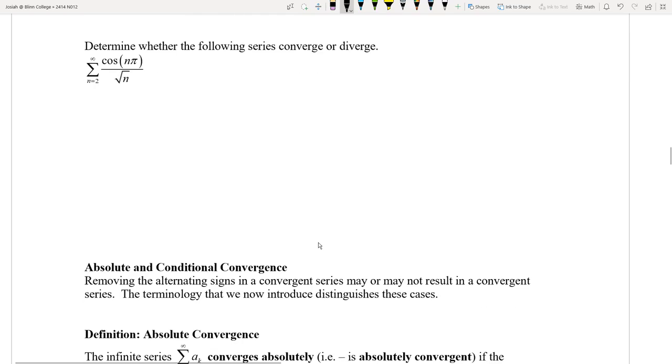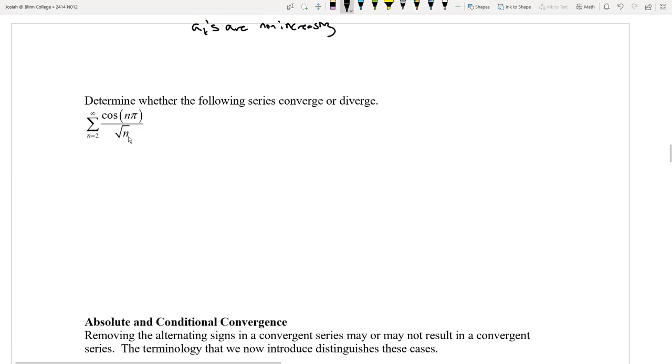Right. So on this next one, we see, just like I sort of mentioned earlier, there are other ways that we can get alternation. Kind of our prime other example here is cosine of n pi. Right. We look at the values of that. Again, we start at 2 this time. Cosine of 2 pi, we get 1. Cosine of 3 pi, we get -1.